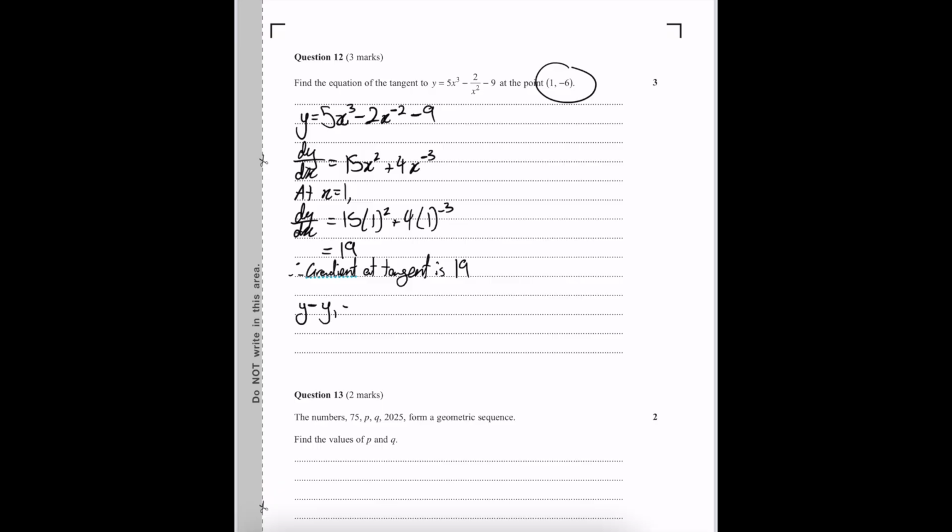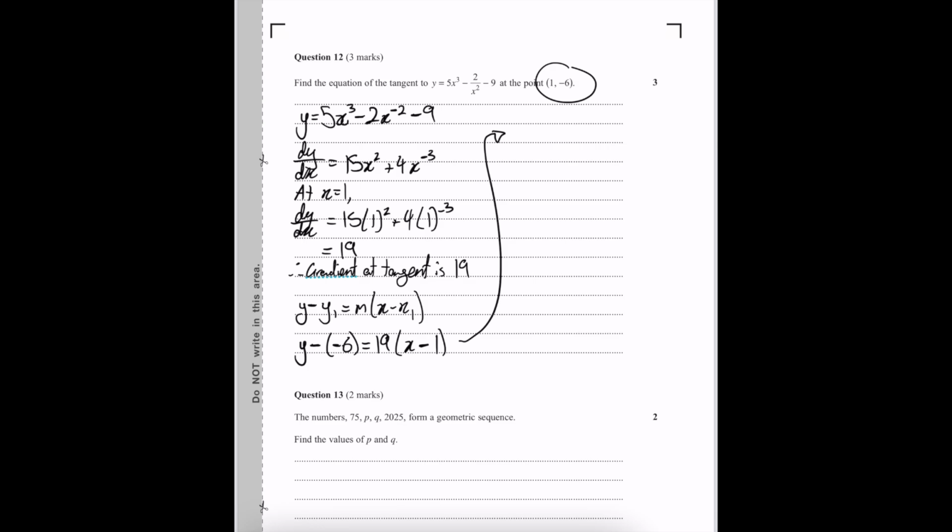So y minus y1 equals m outside of x minus x1. That's the way in which we find the equation of a line given a point, x1, y1, and a gradient m. So now we can just substitute the values. We could say y minus minus 6, that's our y1, equals the gradient at that point, which is 19, outside of x minus the x point, which is 1.